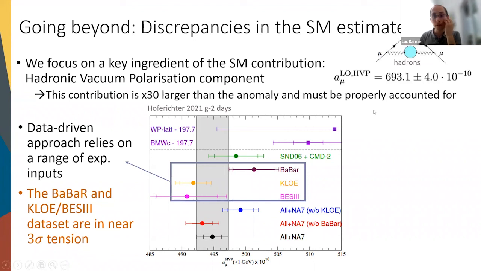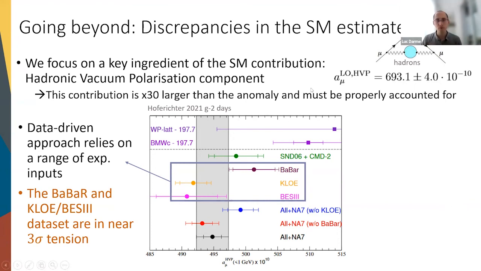And the problem also is that at leading order this is 69 times 10 to the minus 10. Remember, we're talking about an anomaly which is like 40 times 10 to the minus 10 at most. So that's a contribution at least 10 to 15 times larger than the anomaly. At 2 sigma, it's 30 times larger. So clearly you must know that very well, because if not, there is no way you can actually get the anomaly from here.